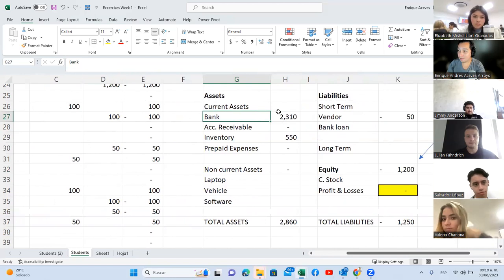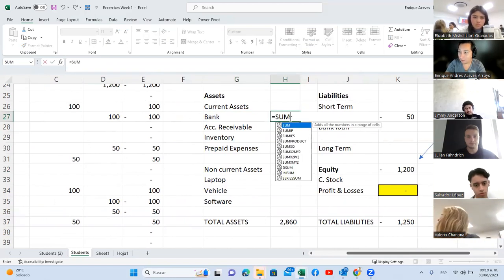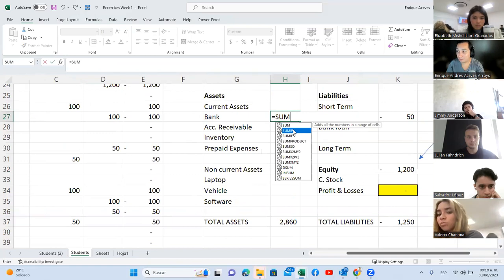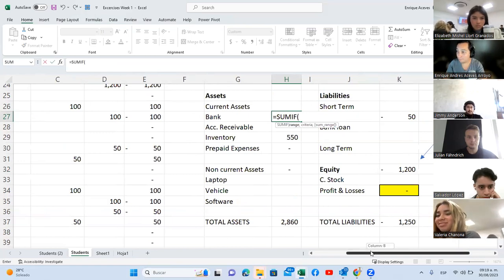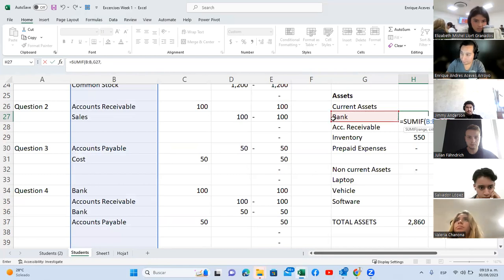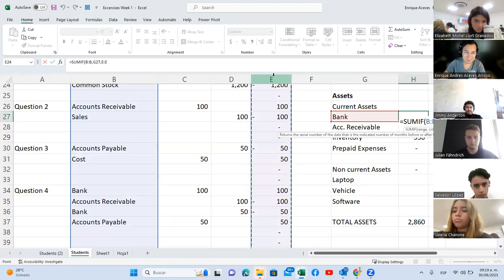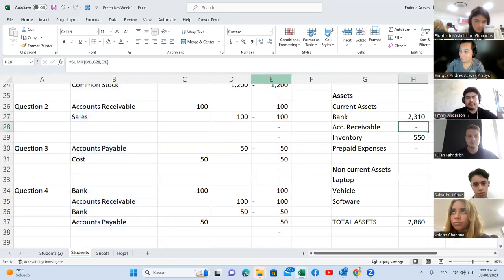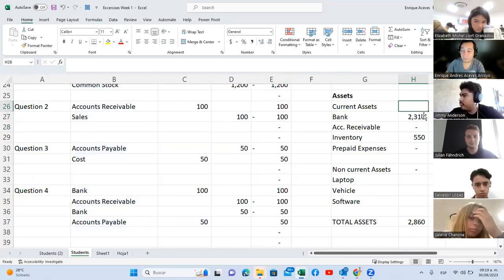So assets are arranged by liquidity. What I want you to get is if you fulfill the accounting register as I just said, when you use this formula that I will teach you right now, you can automate the process, okay?